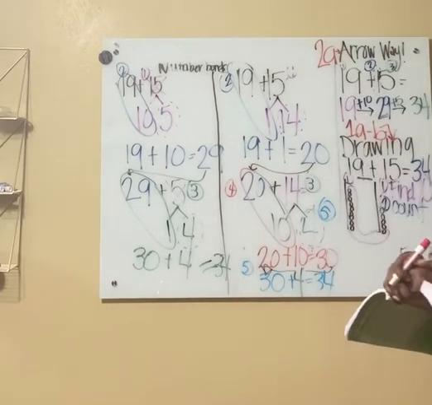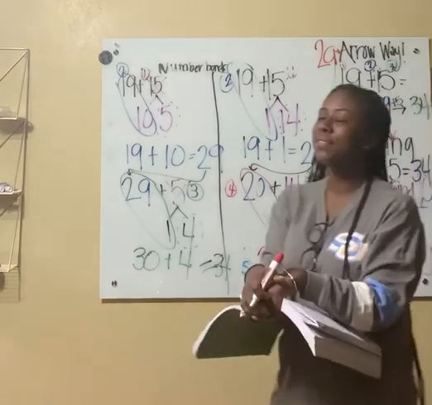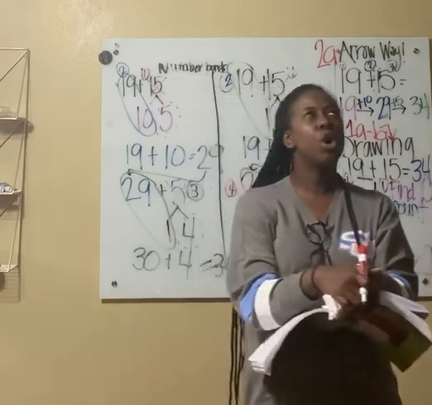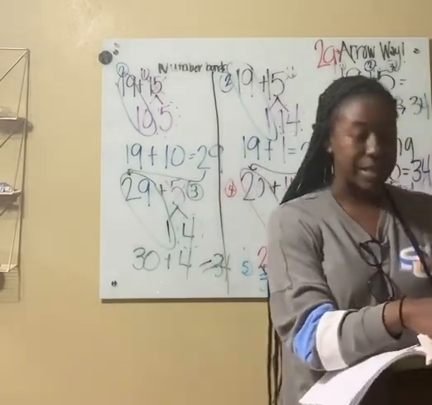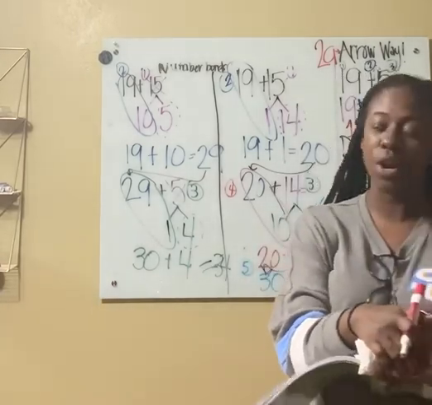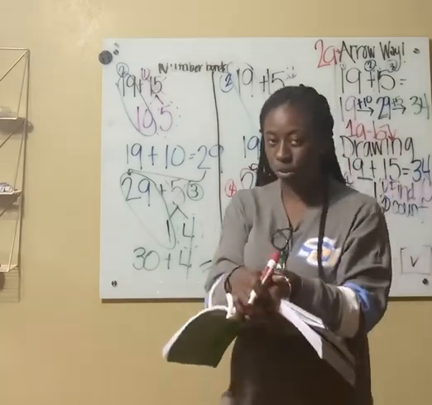So I will use 10 and 9. I automatically know, if I'm doing mental math, that 10 plus 21 equals 31. Now I have to add that 9. 31 plus 9, I know 1 and 9 makes 10. So 31 plus 9 equals 40. So I did find a new 10.